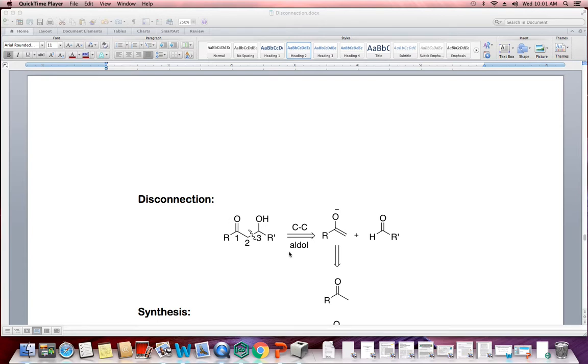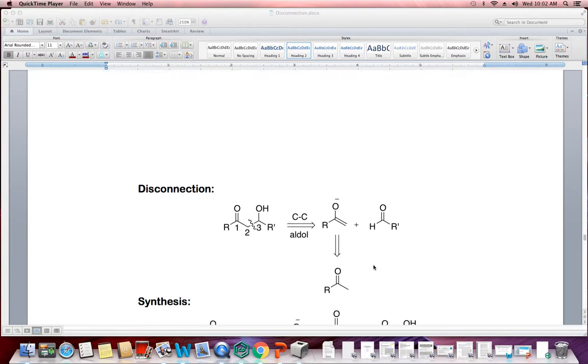For example, in this case, we have a beta hydroxy aldehyde or beta hydroxy ketone, as the case may be. For disconnection purposes, we will select the hydroxyl functionality and disconnect the carbon-carbon bond next to it. As a result, we will get the enolate part of this aldehyde or ketone and the aldehyde or ketone part from the rest of the molecule.